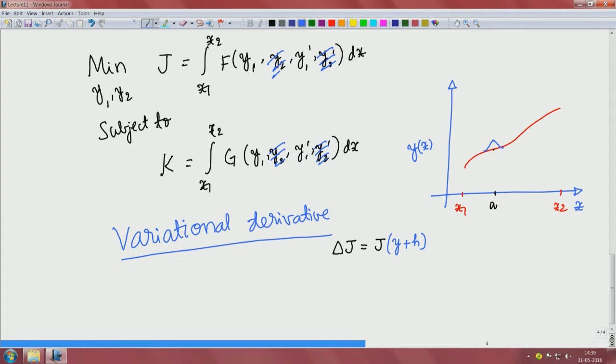Unlike the previous perturbation or variation we considered, which is effective everywhere in the domain, now it is effective only at a particular value a.